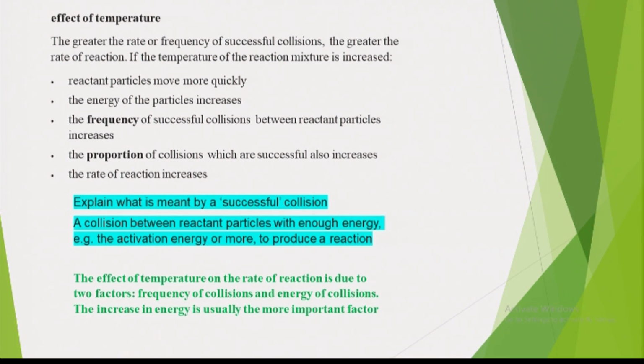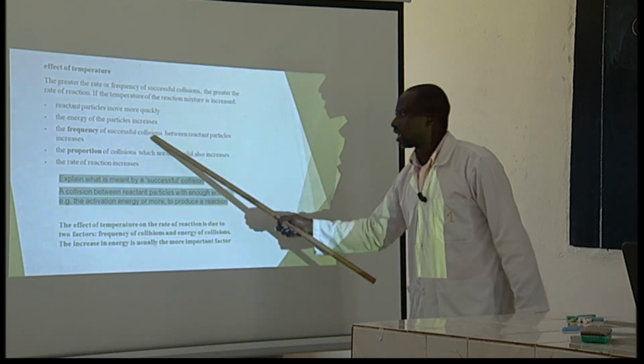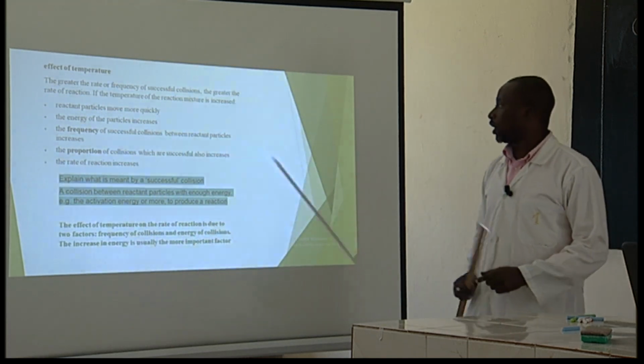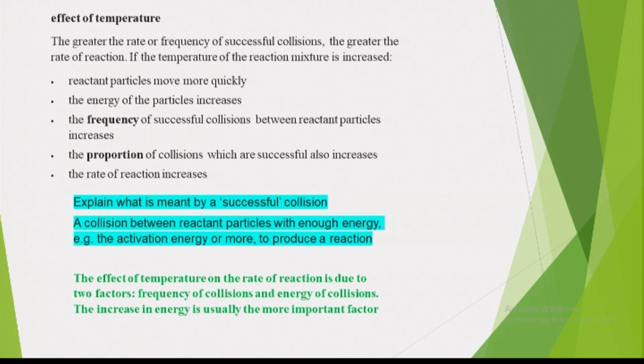If they are moving at high speed, then a collision is likely to take place. The energy of the particles, that is the kinetic energy of the moving particles, increases as a result of the increase in temperature. The frequency of successful collisions between reactant particles also increases.